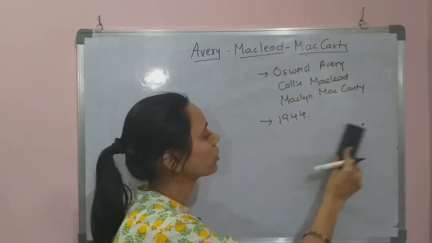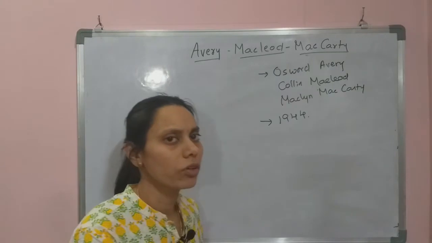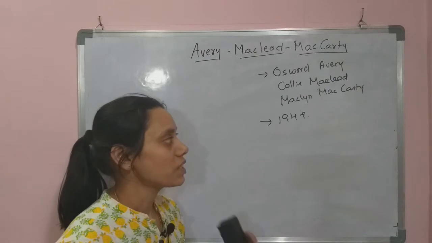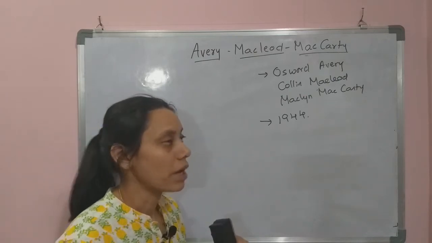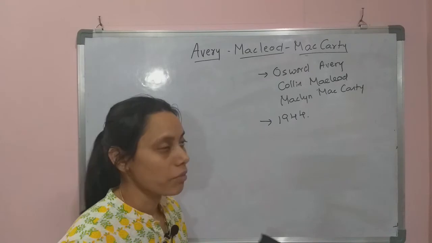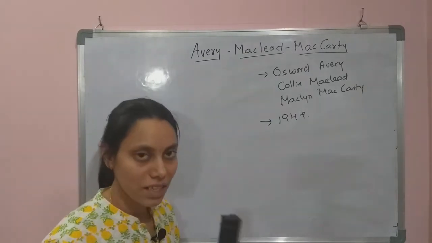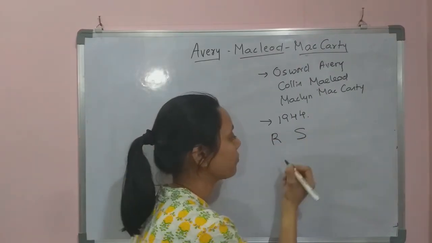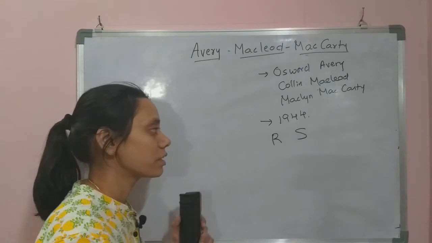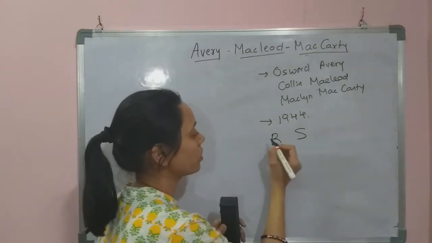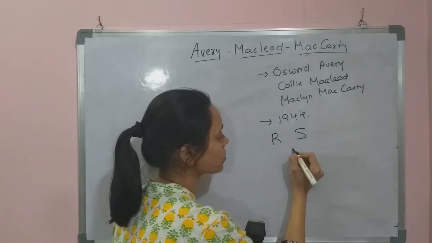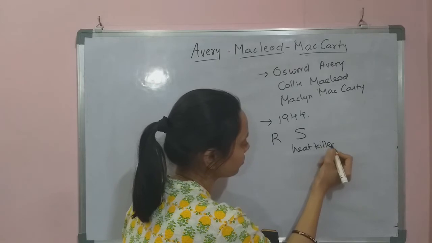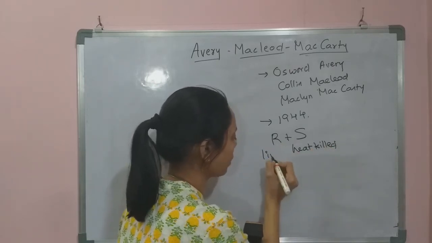Eventually, the scientific community wanted to learn the nature of this transforming principle. So these three scientists, Oswald Avery, Colin MacLeod, and Maclyn McCarty, in the year 1944 extended Griffith's experiment using the two streptococcal strains, R and S. They did a similar experiment in which the smooth strains are heat-killed and the R strains are live.